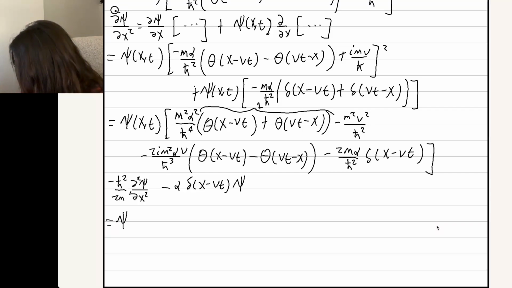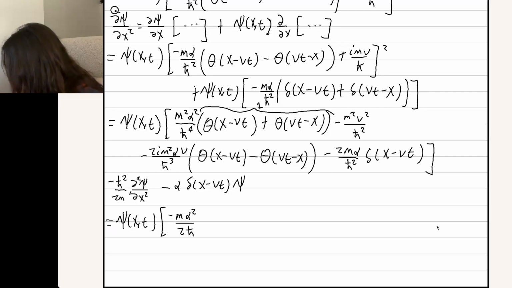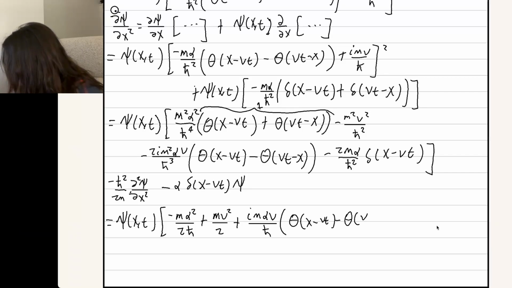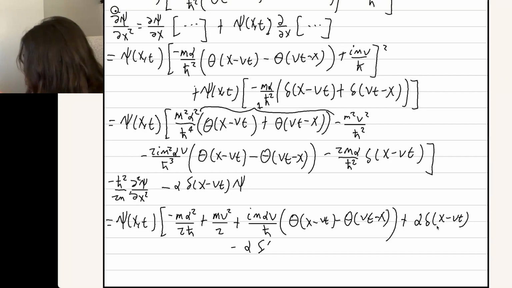So that's psi of x and t times m squared alpha squared over h bar squared, but times minus h bar squared over 2m, so it's minus m alpha squared over 2 h bar squared, plus mv squared over 2, plus im alpha v over h bar times theta of x minus vt minus theta of vt minus x, and it's actually plus here, the sign switches, alpha delta of x minus vt, and then the potential term will add a minus alpha delta of x minus vt.